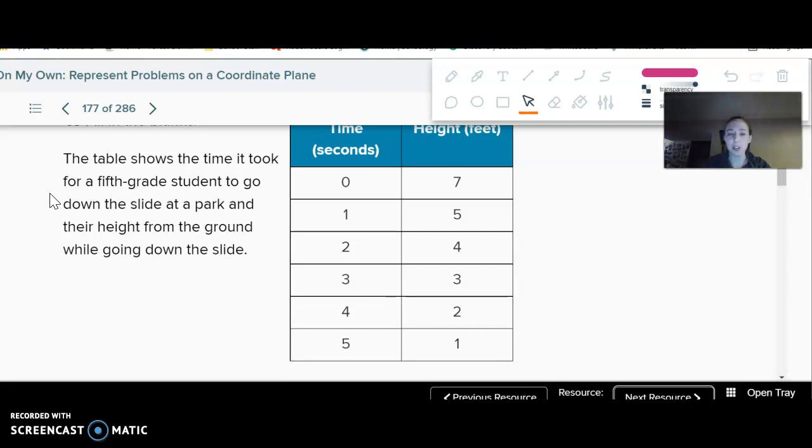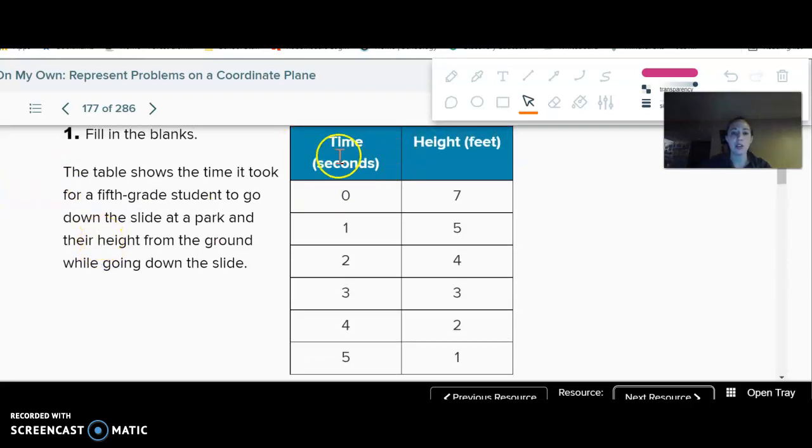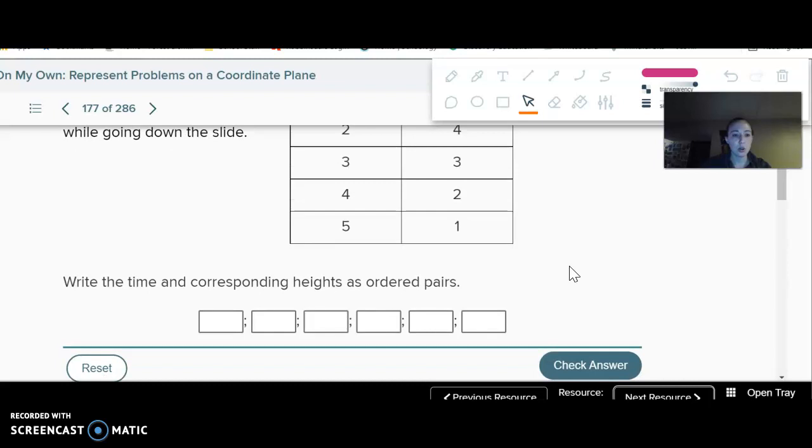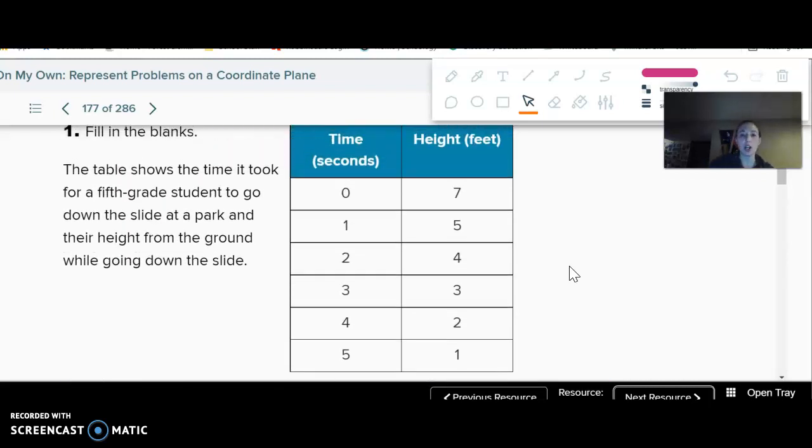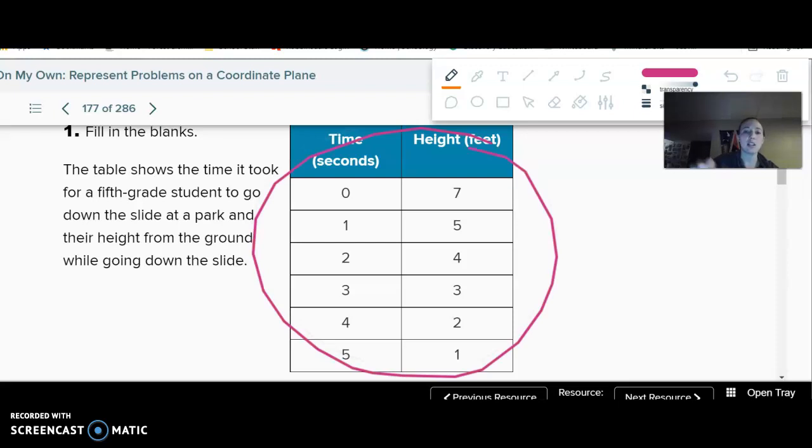Hopefully you've had experiences or seen somebody do that you can connect to in your mind that will help you understand what's happening. So we have the time in seconds, the height they were at each second. So I want you to choose in the multiple choice which set of ordered pairs matches the data that is right here.